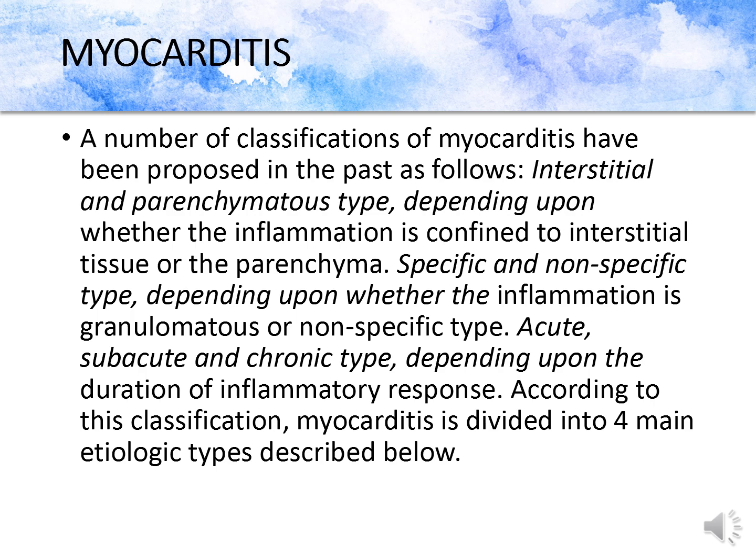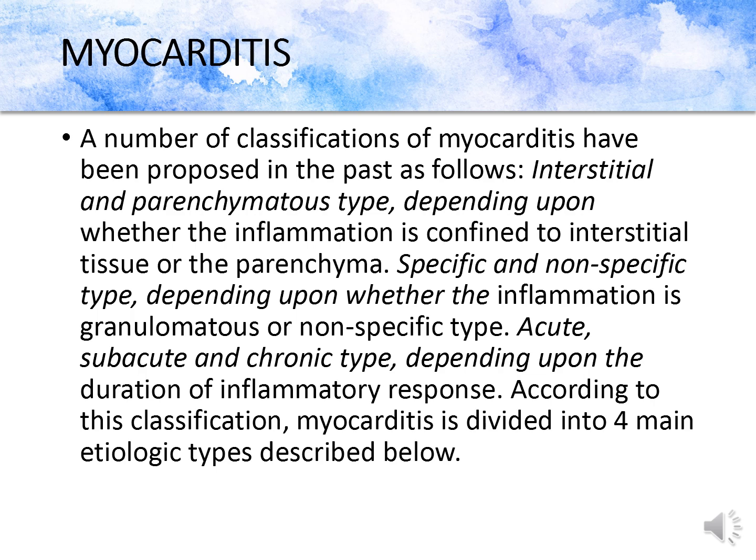A number of classifications of myocarditis have been proposed in the past as follows: interstitial and parenchymatous type, depending upon whether the inflammation is confined to interstitial tissue or the parenchyma.